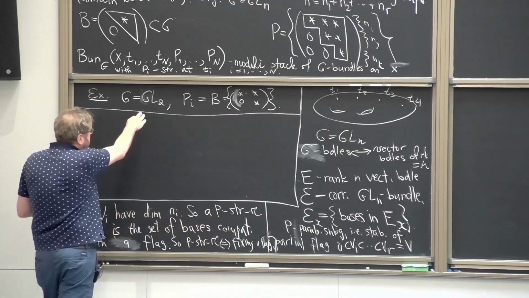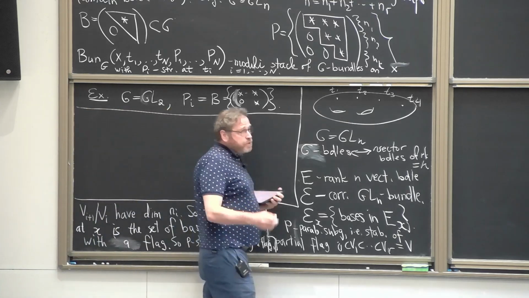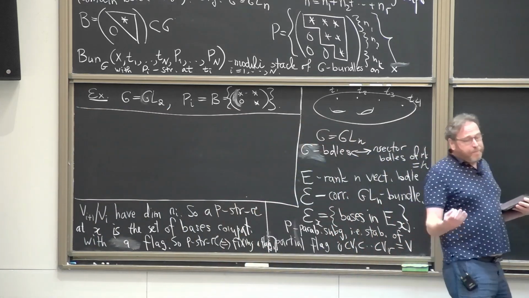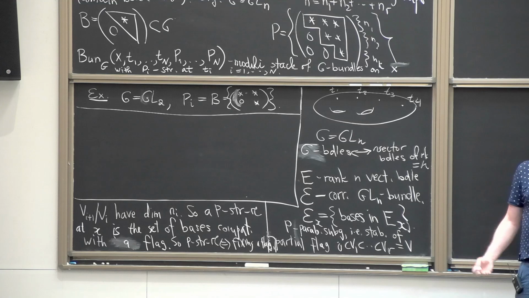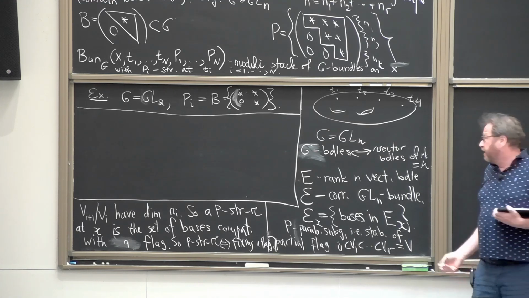In particular, in this case, we have just a two-dimensional space and a complete flag, but fixing a complete flag is just fixing a one-dimensional subspace, a line in E_x.